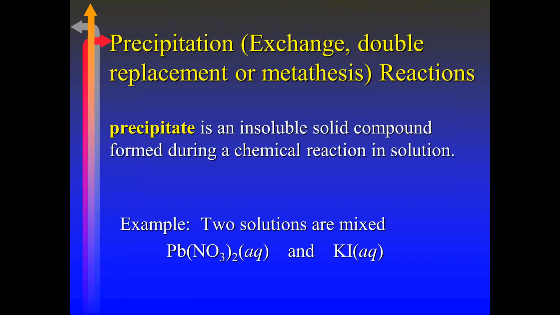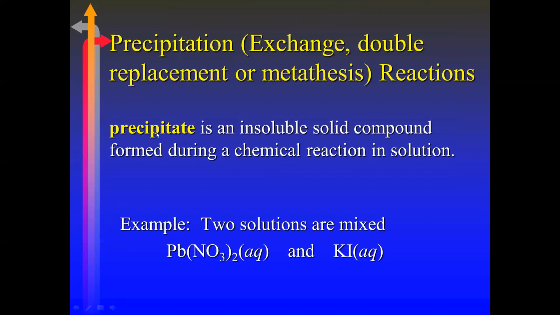From here, we will introduce different types of reactions in solution. Before doing that, the first term is precipitate. What does this word mean? A precipitate is an insoluble solid compound formed during a chemical reaction in solution.